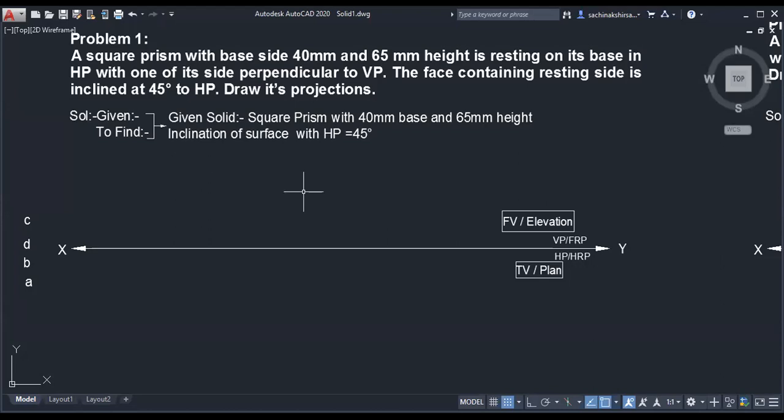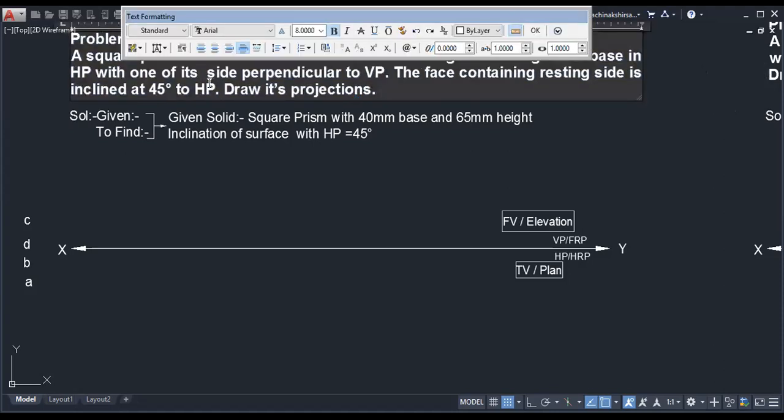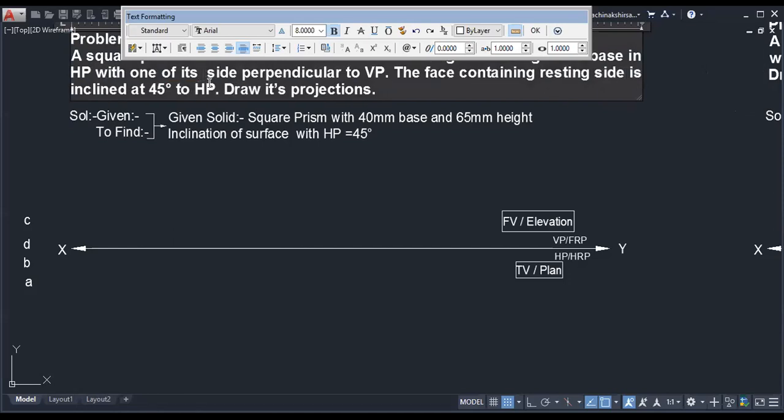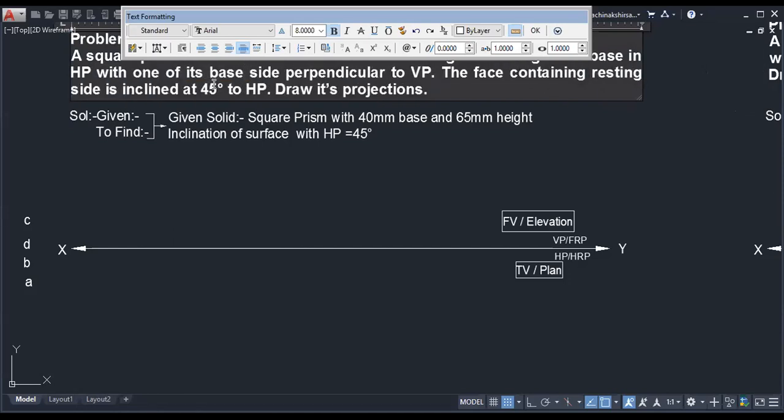One of its sides perpendicular to VP. Very good. One of its sides means base side. Actually that word should be there. But as it is lying on its base, I will add that word base. One of its base sides perpendicular to what?